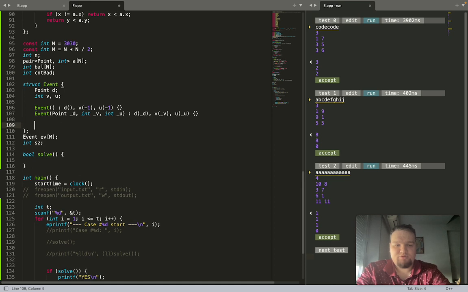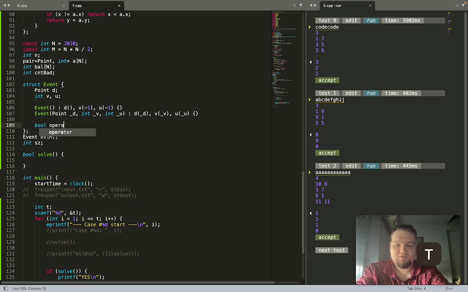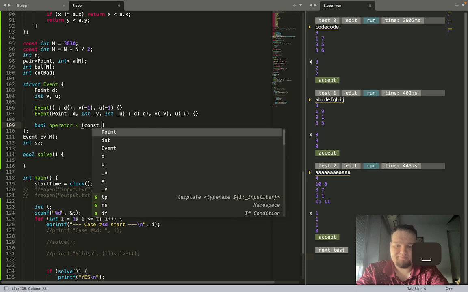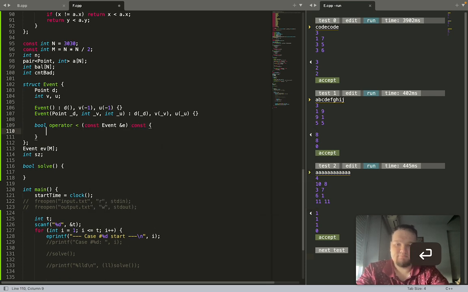And I want to be able to sort those events by the angle of the direction, so by the cross product.